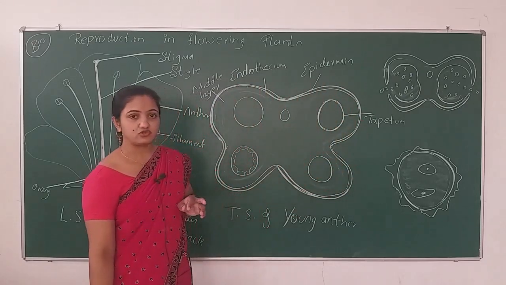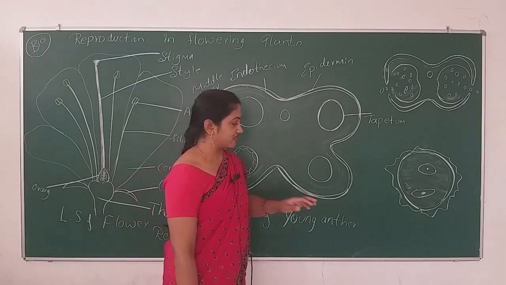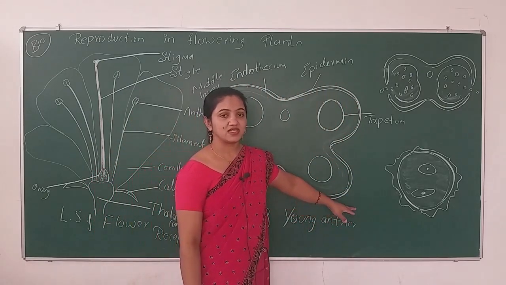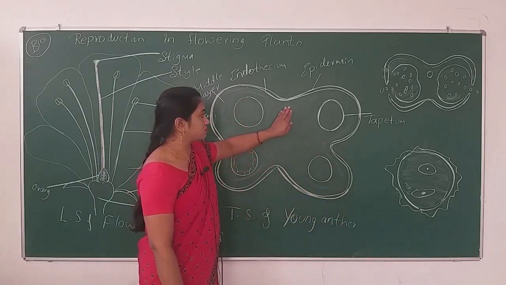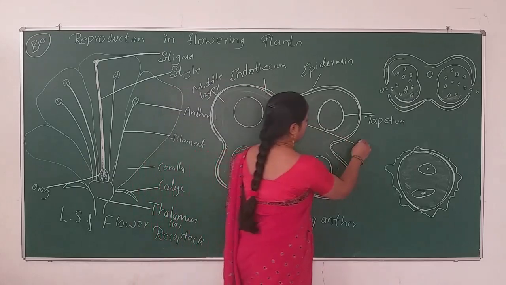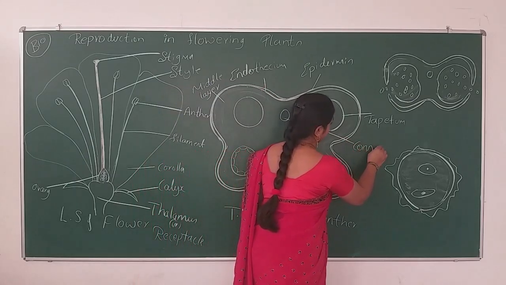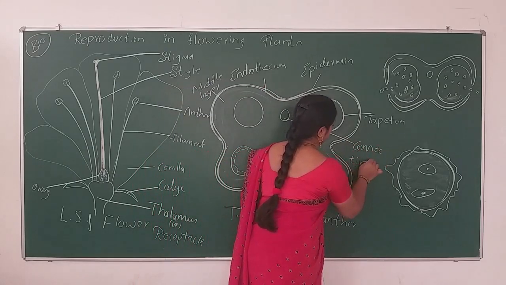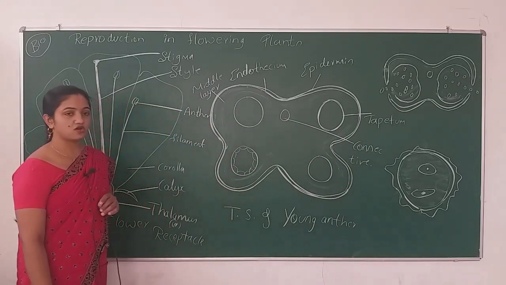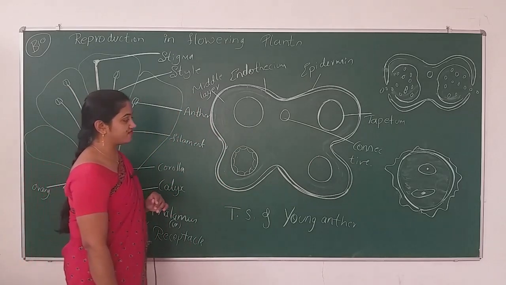An anther having two lobes is known as a bilobed or dithecous anther. These two lobes are connected by connective tissue, or connective. So that's all about the structure of the TS of young anther.